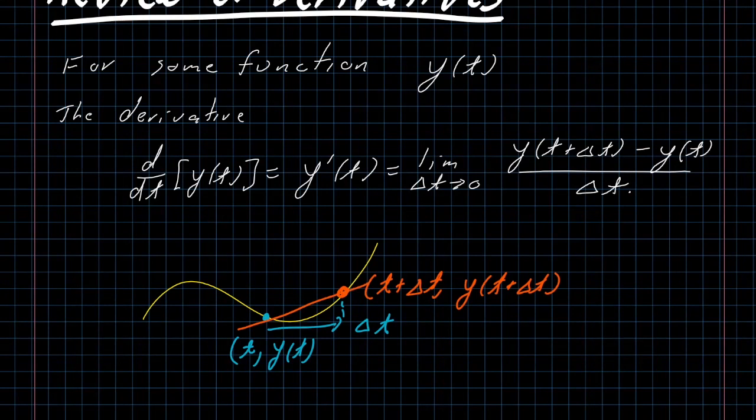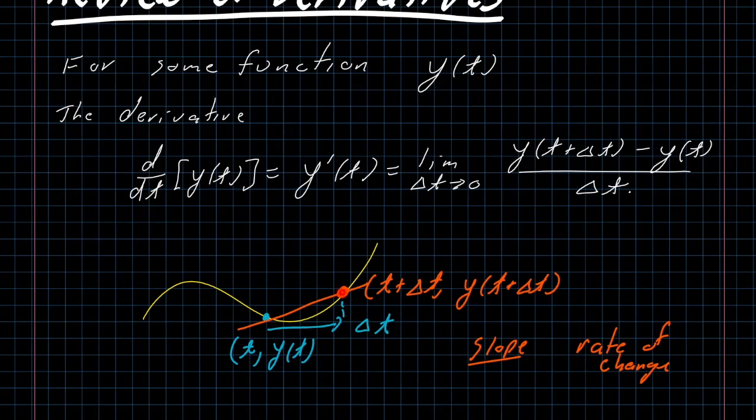And if we try to draw a line through these 2 points, the slope of that line, remember the slope of a line is the rate of change of the function, is defined as the derivative, well, without the limit.